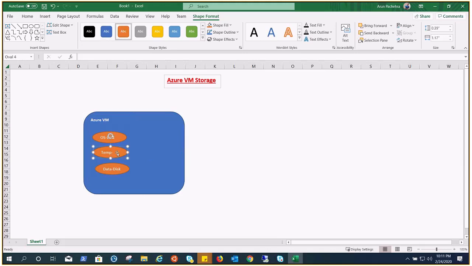And you can add disks to your VM if needed as per the requirement. Those disks are called data disks.